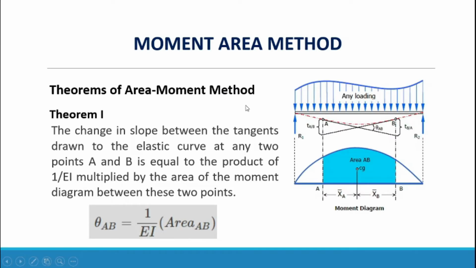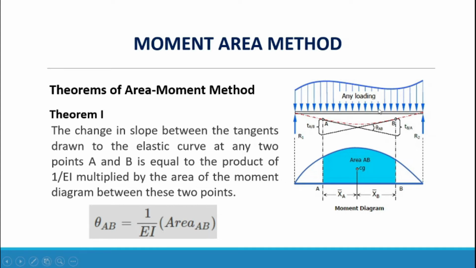For the theorems of our moment area method, first, the change in slope between the tangents drawn to the elastic curve at any 2 points A and B, so this is point A and point B, is equal to the product of 1 over EI multiplied by the area of the moment diagram between these 2 points.